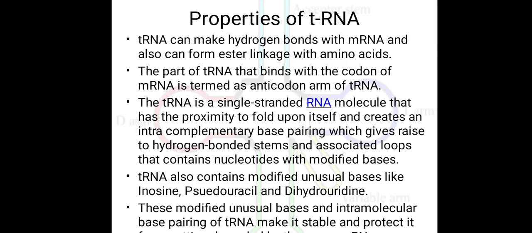All of these unusual bases are also present within the transfer RNA molecule. These modified unusual bases and the intramolecular base pairing of tRNA make it stable and protect it from degradation.